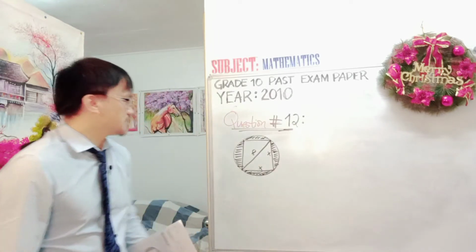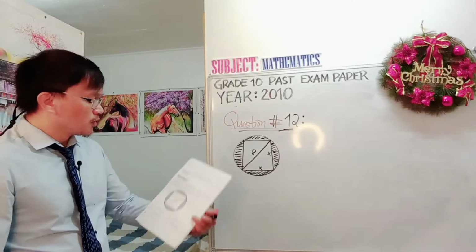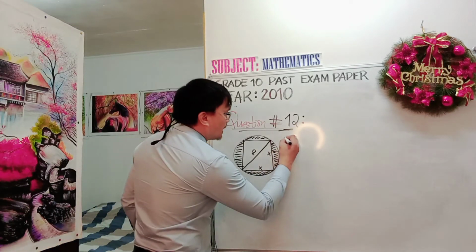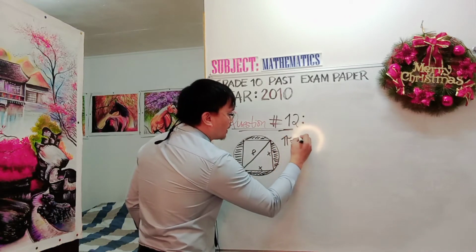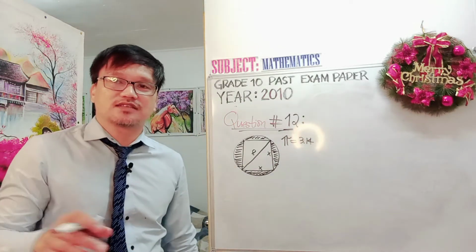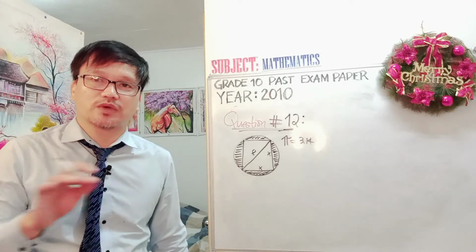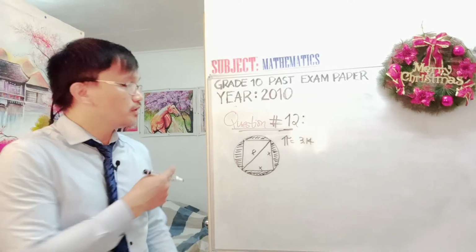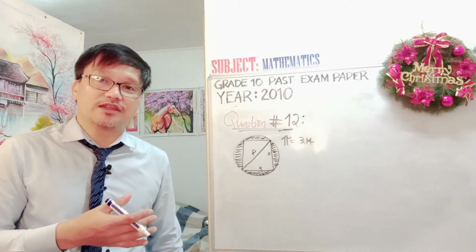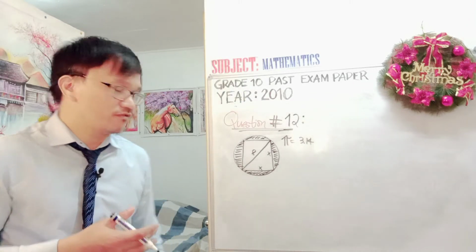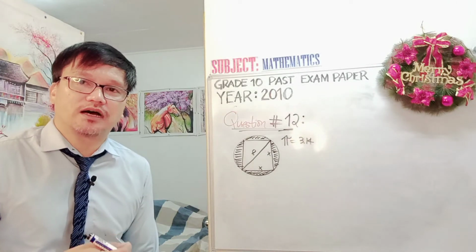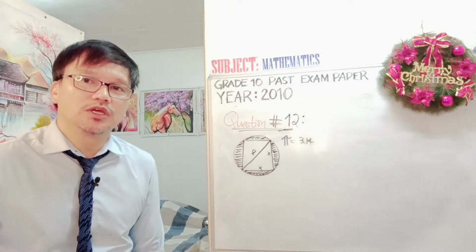Now we are asked to find the value, and we are also asked to use pi equals 3.14, instead of the exact value of pi, which is 22 over 7. Now, this kind of question is quite long to work out, but you just have to do it slowly.